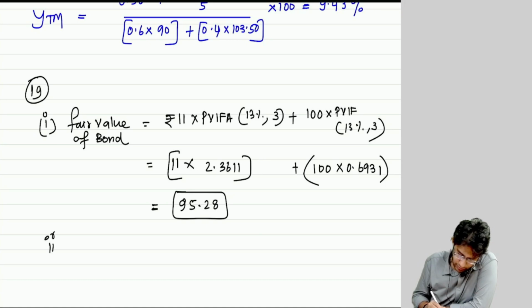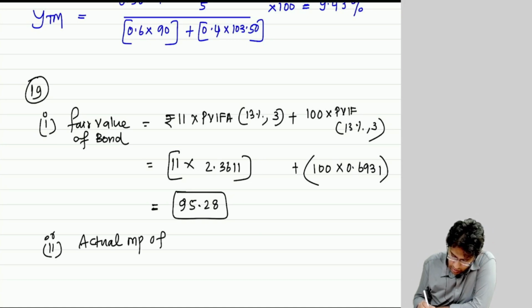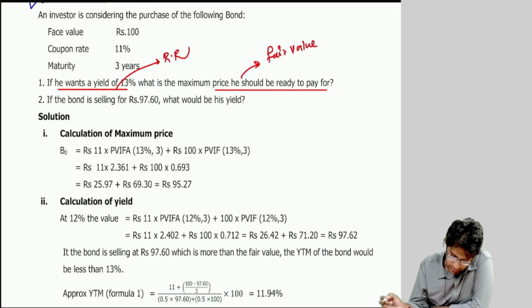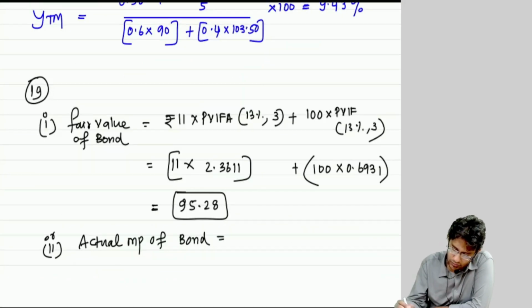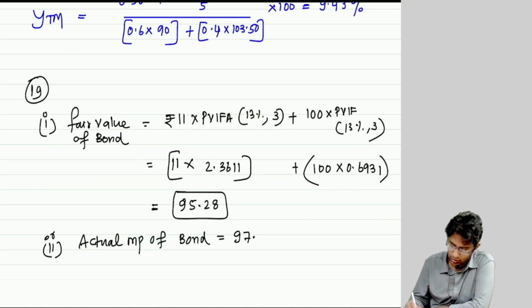Now read the question. Tell me what is the actual price of the bond. The actual market price of the bond is given. See, the second case is given: the bond is selling for 97.60. First of all, he did not ask, but you tell me.